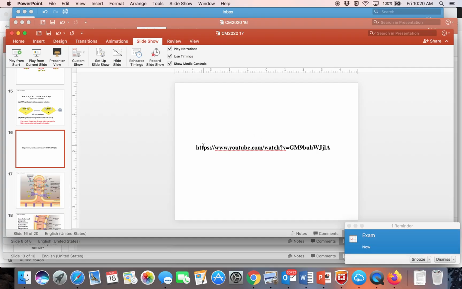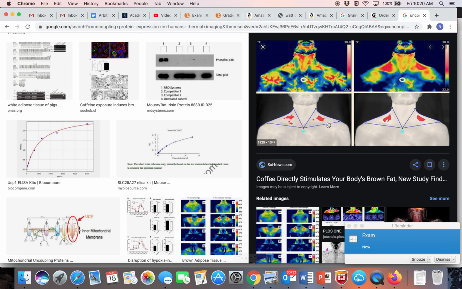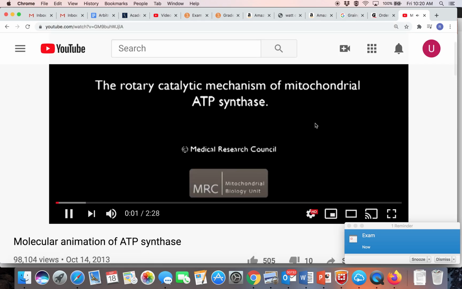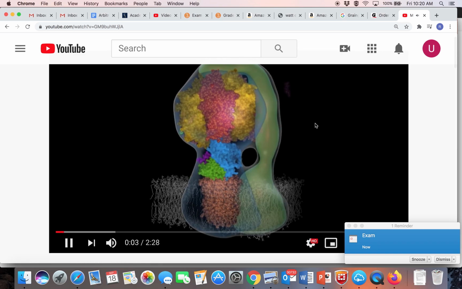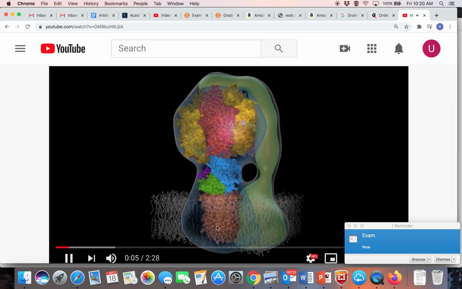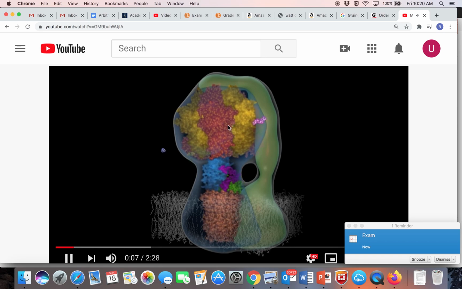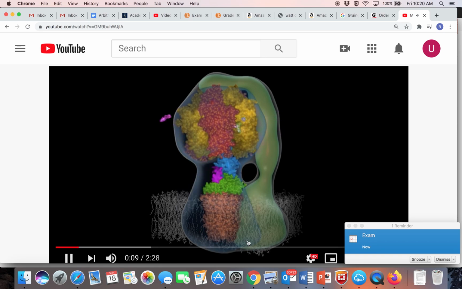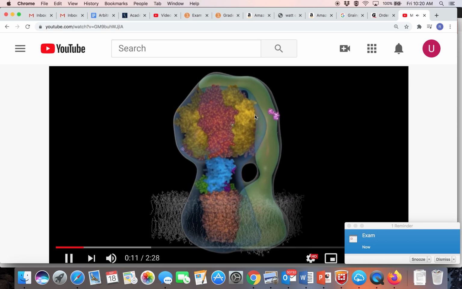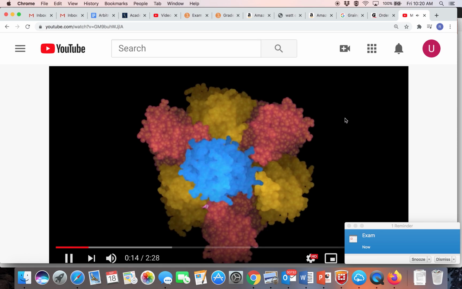Okay, let's see. I want to show you this movie of F1 moving. So here's the FO channel. Here's the F1. Protons are moving through. These are ATP molecules bouncing off.